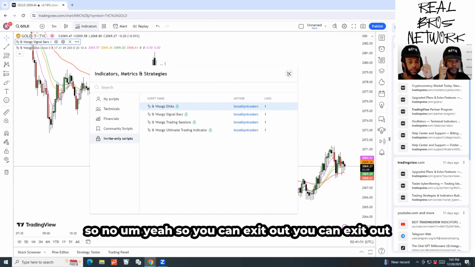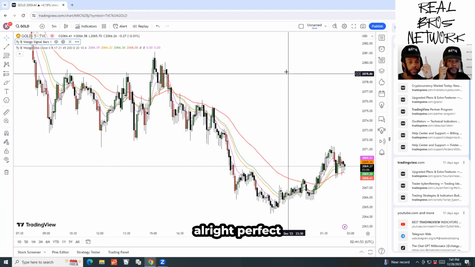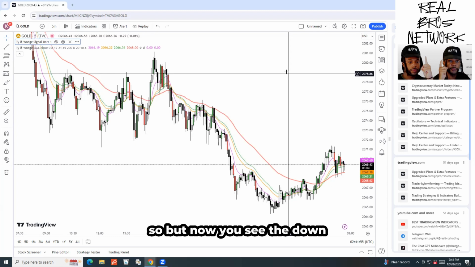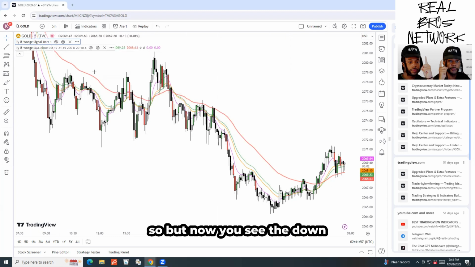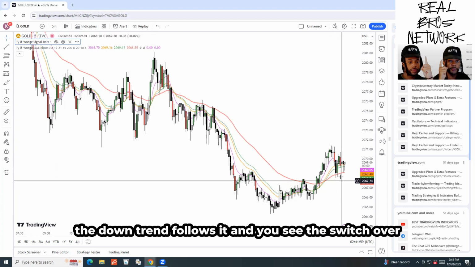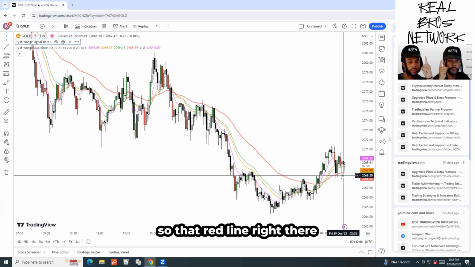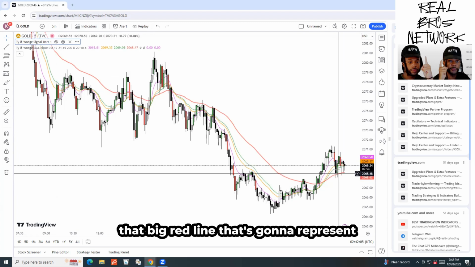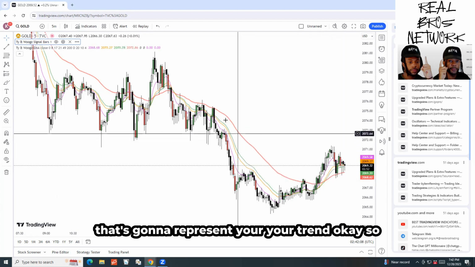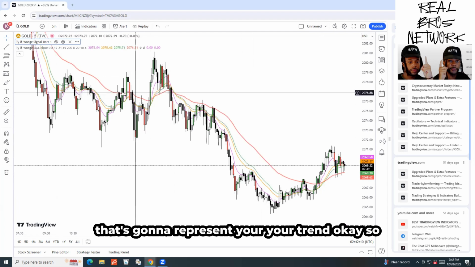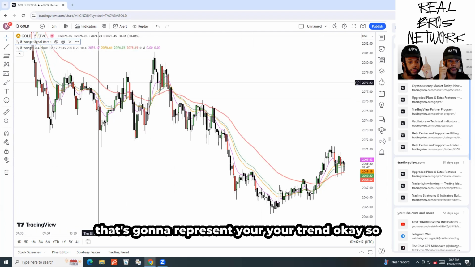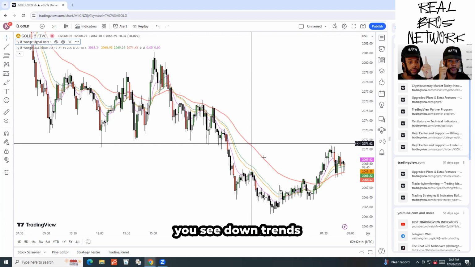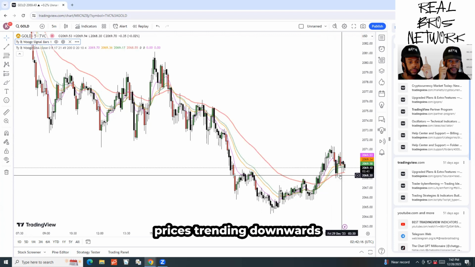All right, perfect. Now you see the downtrend, and you see the red and you see the switch over. That big red line right there is going to represent your trend. So you see downtrends, prices trending downward.